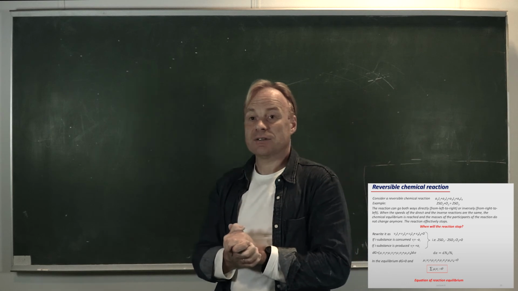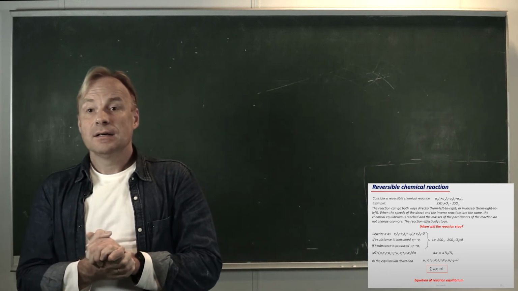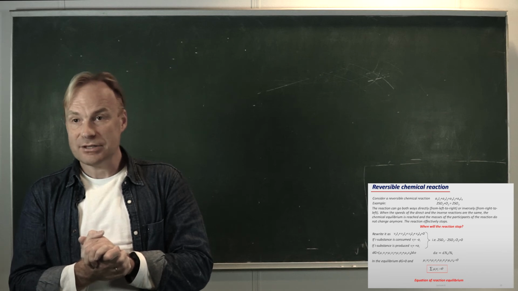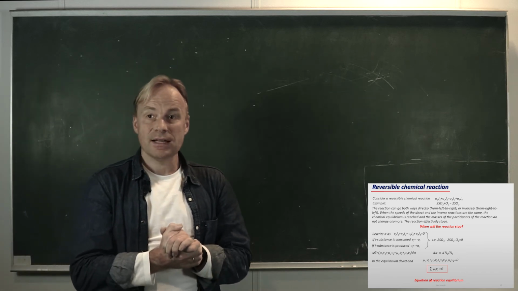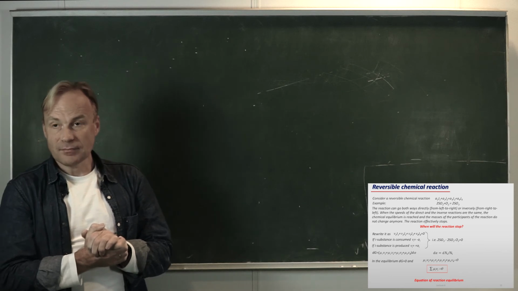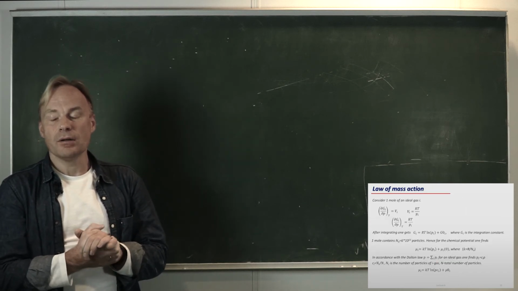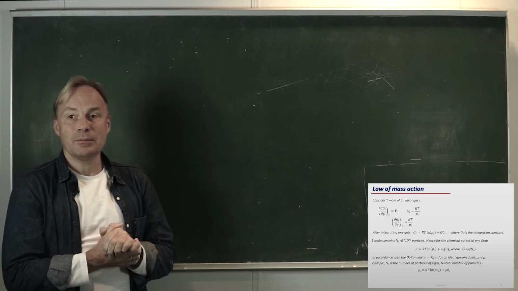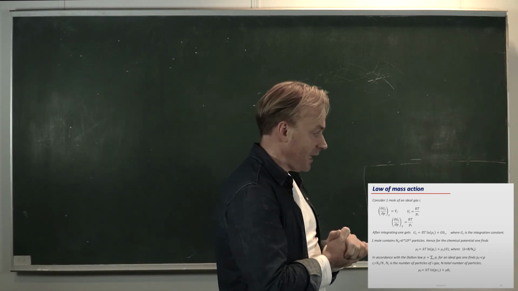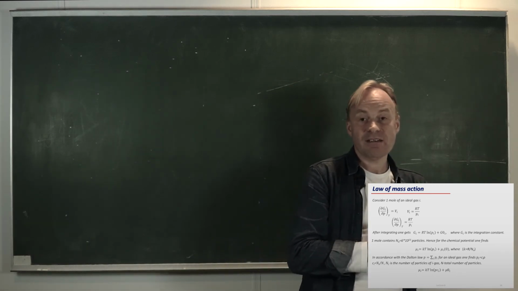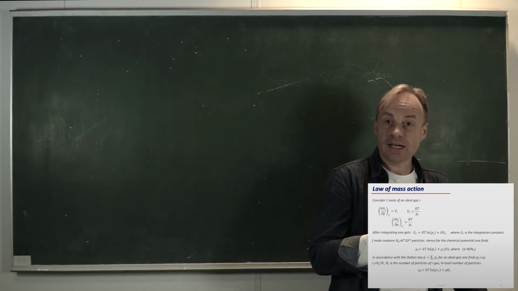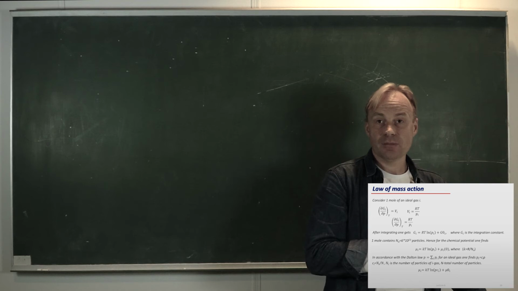Then we take into account that at thermodynamic equilibrium, thermodynamic potential doesn't change, and it means that if you write the sum of all the products of the coefficients nu and chemical potentials, then we will have 0 as a result, and this will eventually give me the equation of reaction equilibrium. So here we have an equation that describes equilibrium of the reaction.